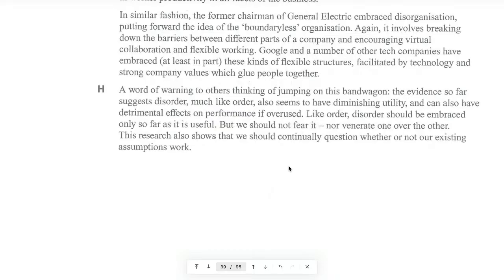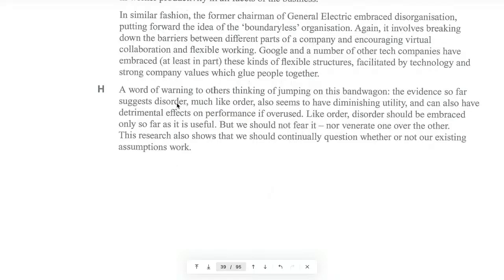We need to have at least two approaches, right? Because they say neither approach. Then at least you have two approaches in this section. Now what is the first approach? Disorder. Yeah, disorder, yes. That is the first one. What is the second one?